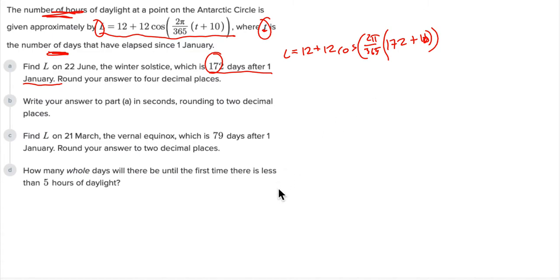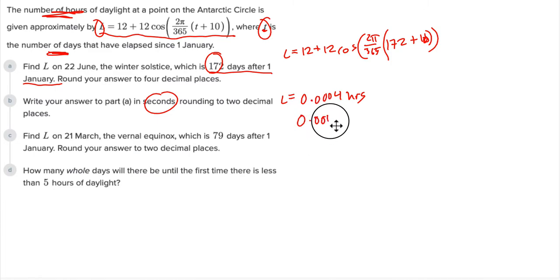So for part B, it says write your answers in seconds. If I use a calculator, I will get 0.0004. Remember, L is in hours, so L equals 0.0004 hours. It wants it in seconds. Remember, there are 60 minutes in an hour and 60 seconds in a minute.